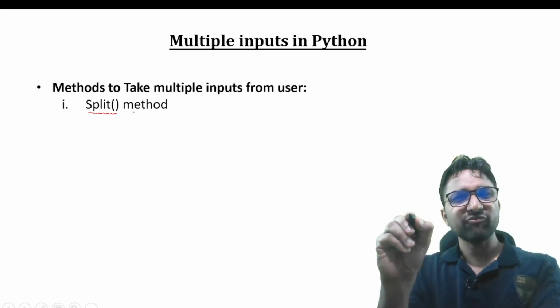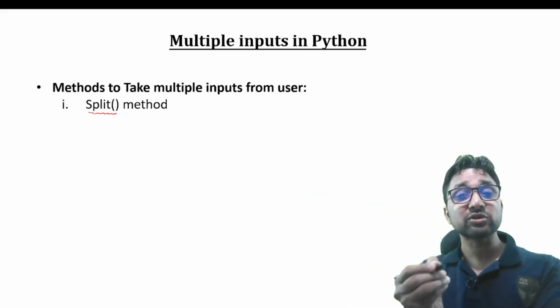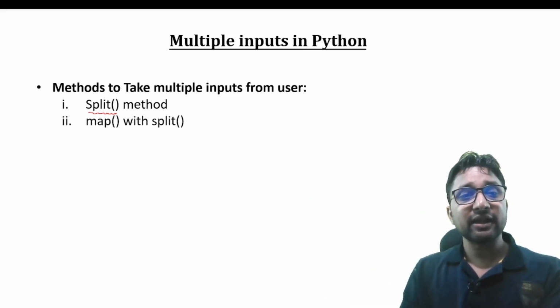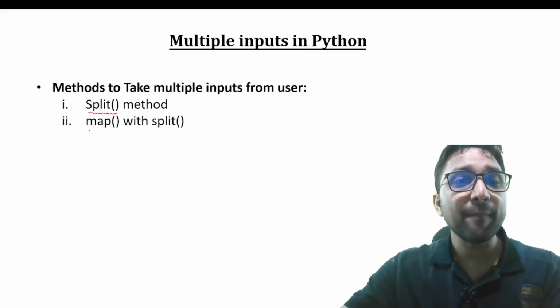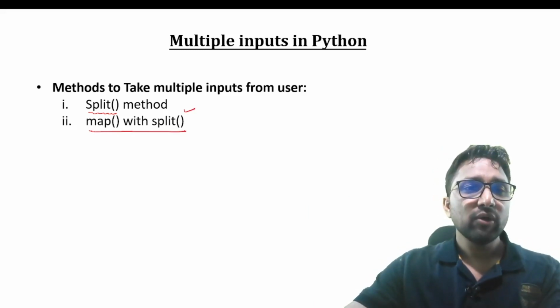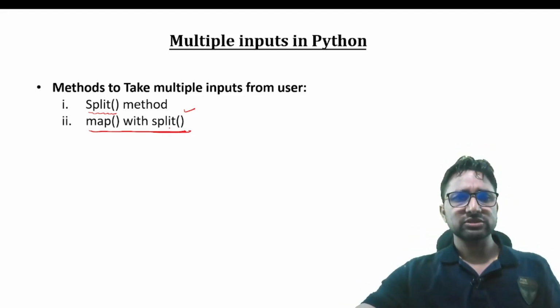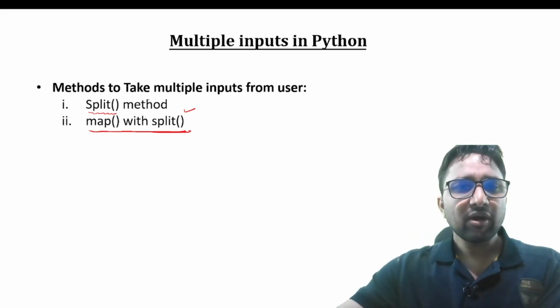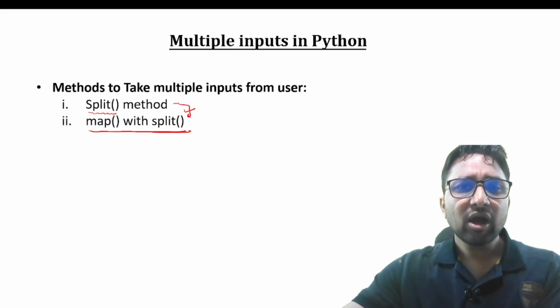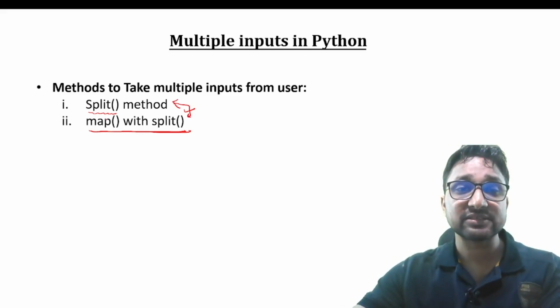With the input function, we can use the split method to take multiple inputs from the user, and another way is by using map with split. So by using map and split also we can take multiple inputs. Let's see the difference between them and how we can receive the input by using these two different methods. First, by using the split method.